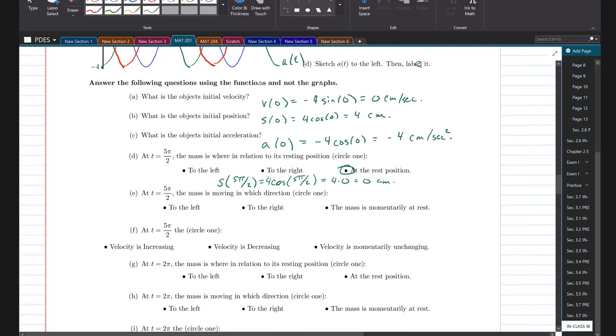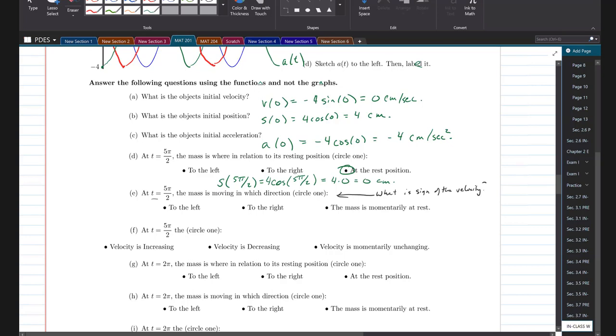This question asks, at time 5 pi over 2, which direction is the object moving in? Another way of saying that is, what's the sign of the velocity?